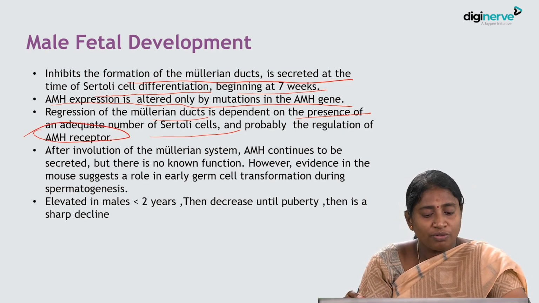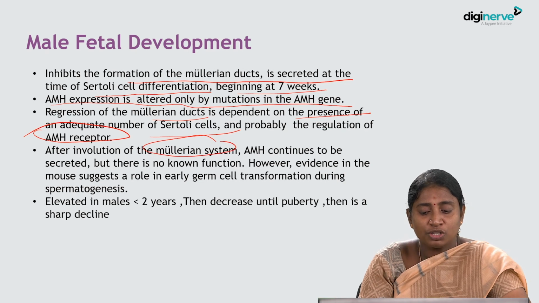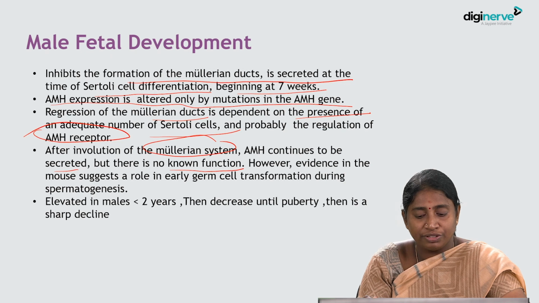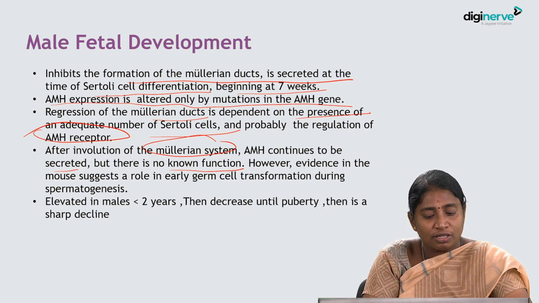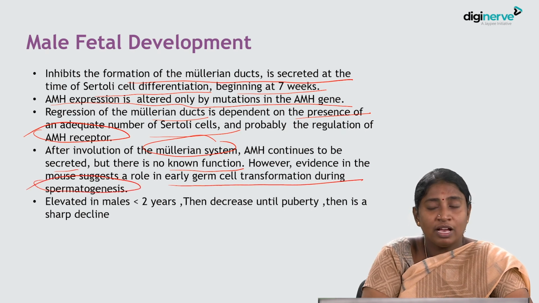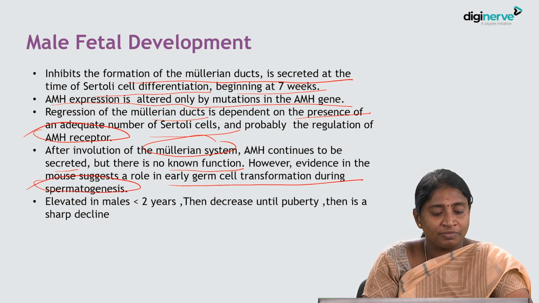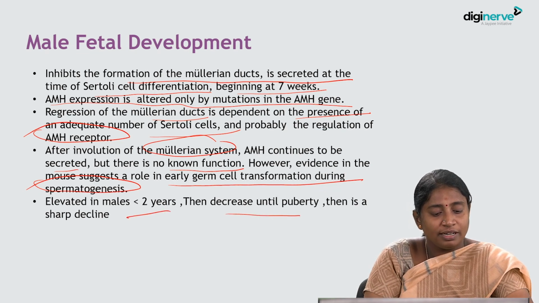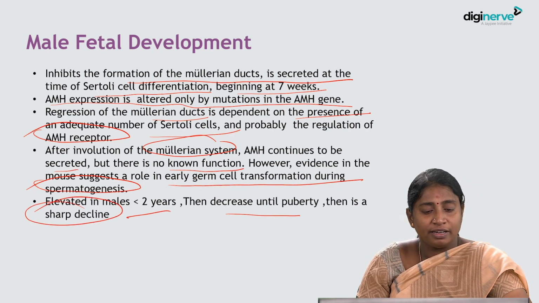After involution of the Mullerian system, AMH continues to be secreted, but there is no known function. However, evidence in the mouse suggests a role in early germ cell transformation during spermatogenesis. Levels are elevated in males less than 2 years old, then decrease until puberty, followed by a sharp decline in males.